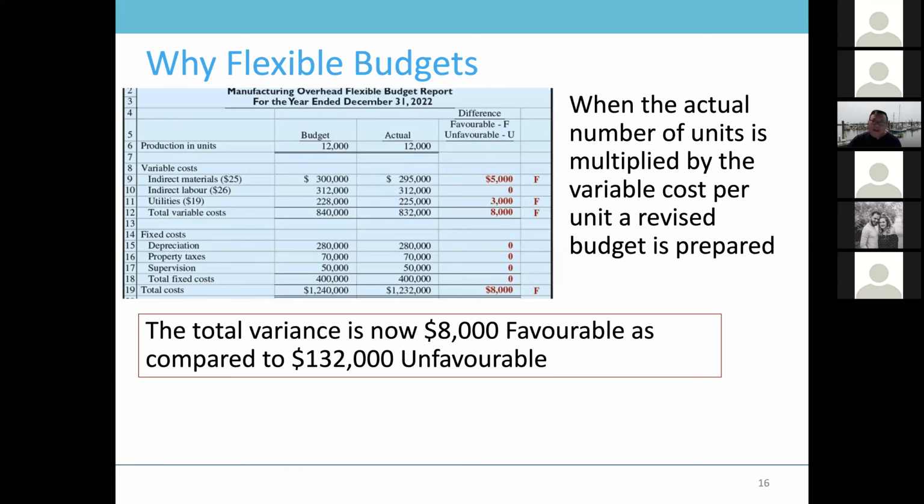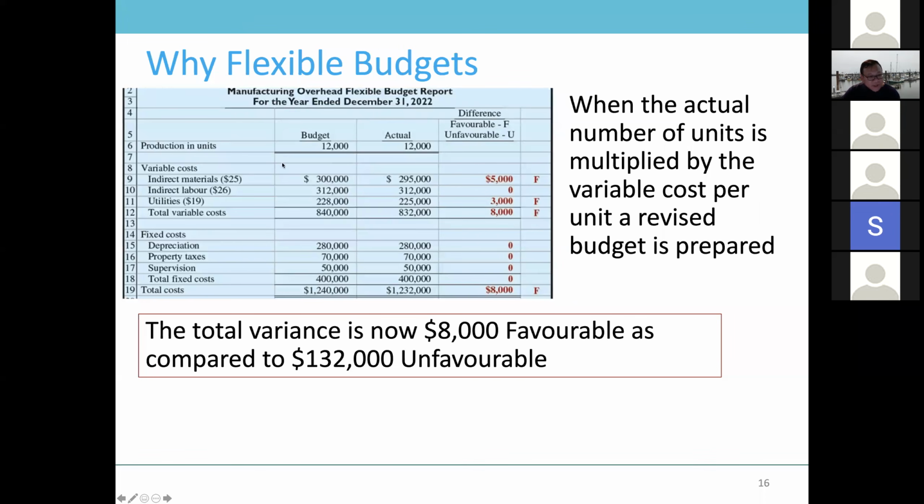is the 2,000 unit difference times 70. Ruben, you are awesome. That's correct. Very good job. So here 25, 26, 19, for each unit the cost is 70, right?